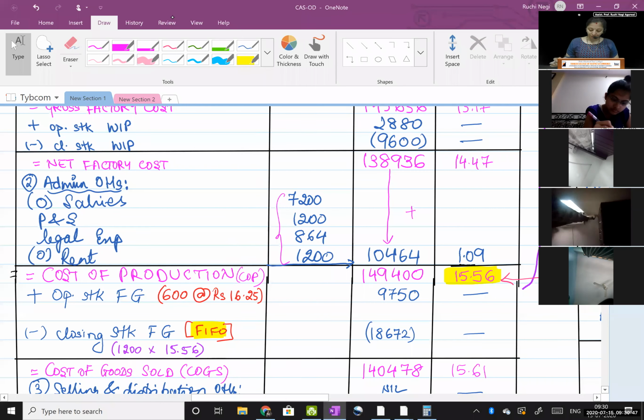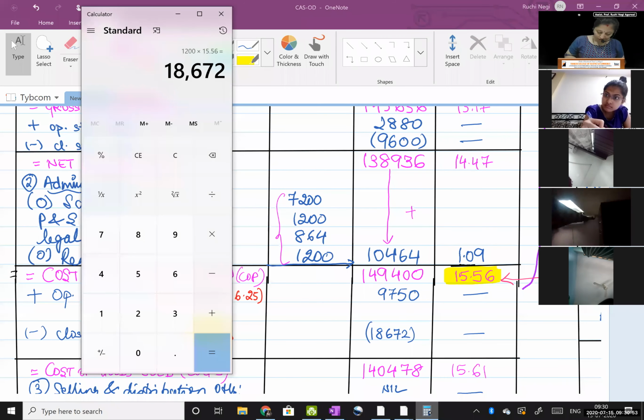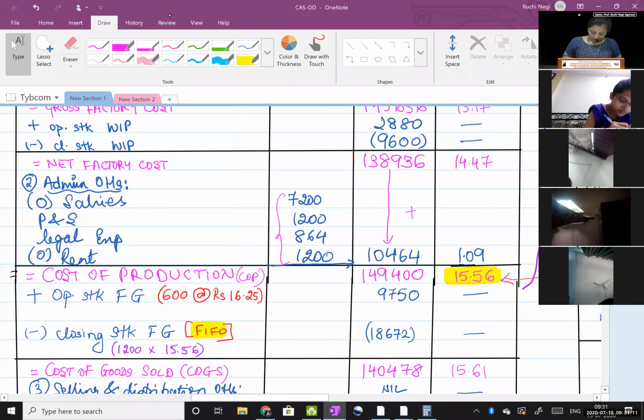18,672. Consolidate 1,49,400 plus 9,750 minus closing stock 18,672. 1,40,478. This is my cost of sales, which is also known as total cost.